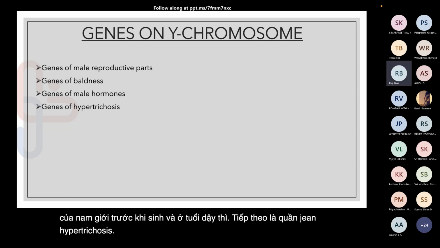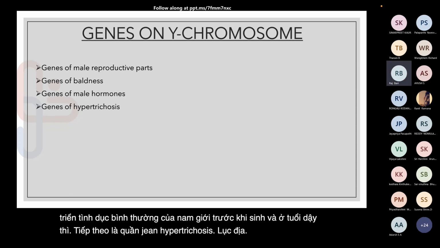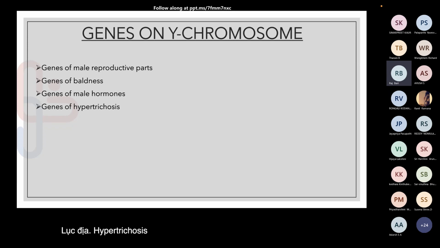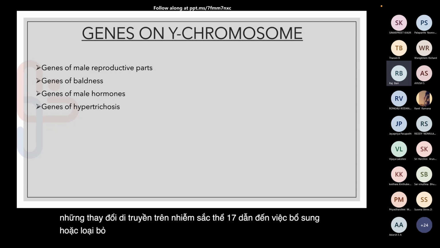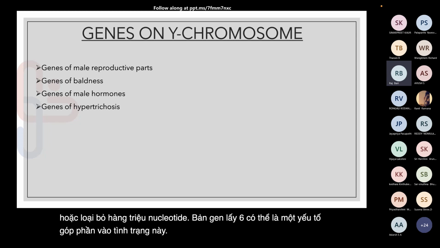Congenital generalized hypertrichosis terminalis is thought to be caused by genetic changes on chromosome 17, resulting in addition or removal of millions of nucleotides. The gene MAP2K6 may be a factor contributing to this condition. Thank you. I'll hand over to Divya Darshini.